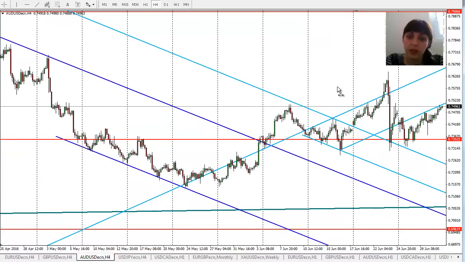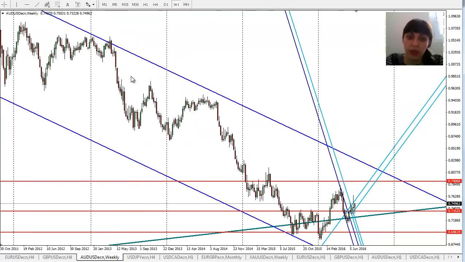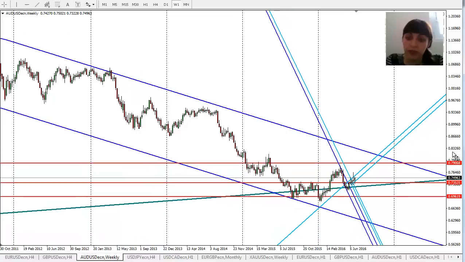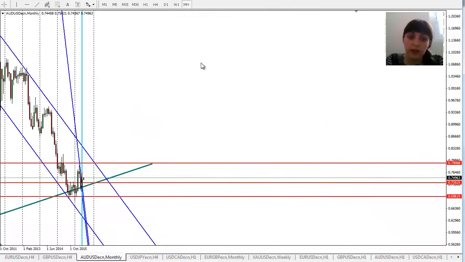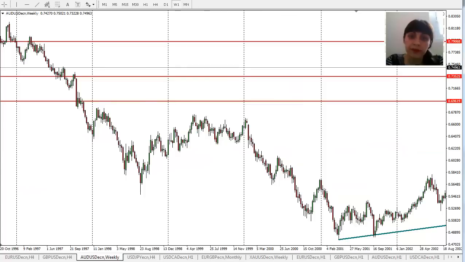What else can I do? We still have that big downtrend channel, and I still have that level from the monthly, because Australian dollar is balancing around it. I'm leaving it as it is, and I'm leaving all these red lines too, because they're still important as it's all around them.